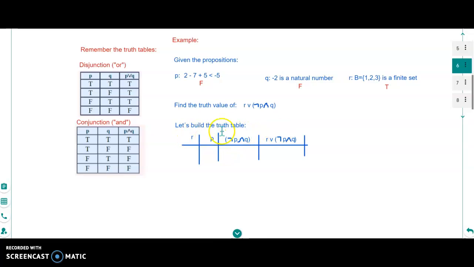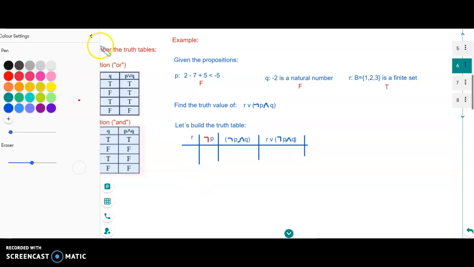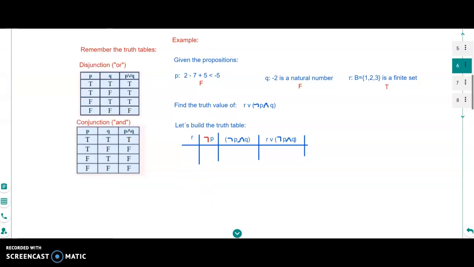So we have R, we have P, then we find the negation of P. We have negation of P and Q, and finally the whole compound proposition, R or negation of P and Q. Here we better write negation of P, so we can have the truth value immediately. This was missing here. Let's start solving the exercise.